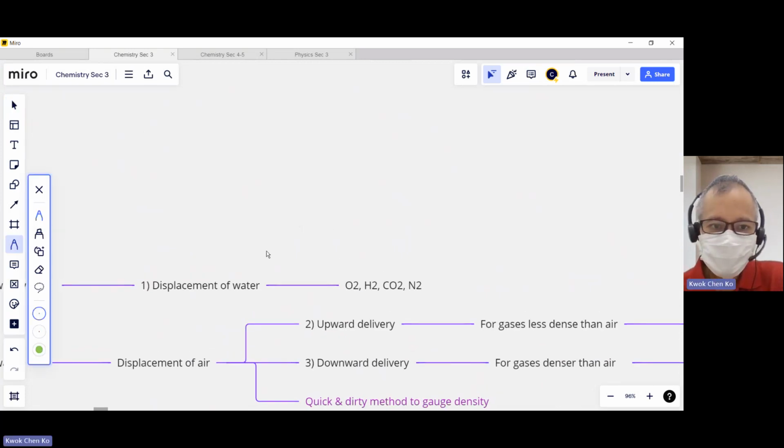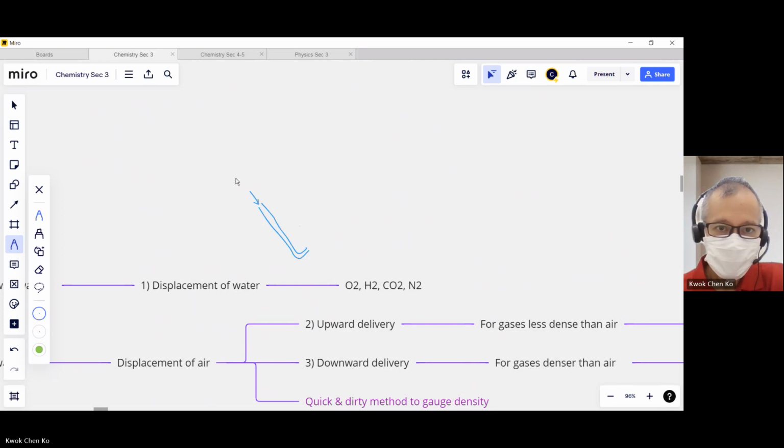It looks something like this. I have a tube that goes downwards and it hooks upwards again. So this is your gas. And you have a basin here.